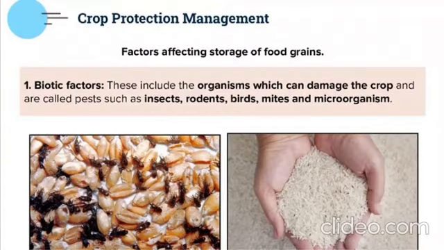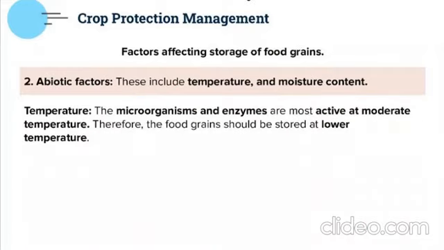What factors may affect the storage? The first factor is the biotic factor. It includes living organisms like insects, rodents, birds, mites, and microorganisms, which can eat the grains and destroy them. Second are the abiotic factors, which include temperature and moisture.